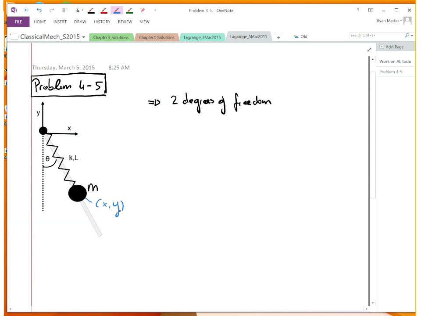Any 2 independent degrees of freedom is an acceptable choice. But we can find a more convenient choice, especially since we want to eventually write out the potential energy of the spring, if we define a variable which I'll call r. It would be the distance of the mass with respect to the origin.